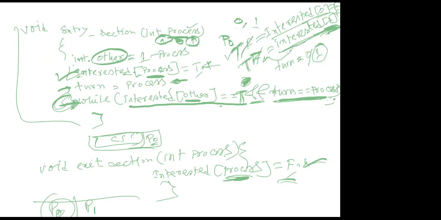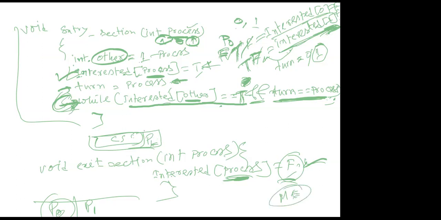Let's say process P0 is done, and it makes interested 0 F. Now P1 is scheduled again. It checks whether interested 0 is T. No, interested 0 is F currently, so process P1 can enter the critical section. So in this scenario we can see that mutual exclusion is guaranteed by this algorithm.